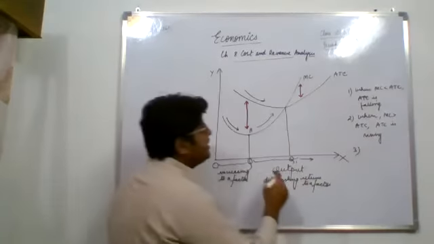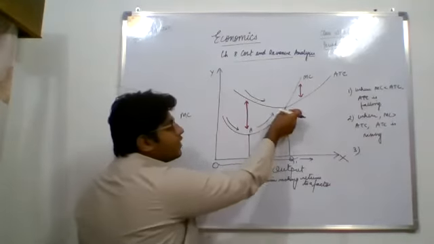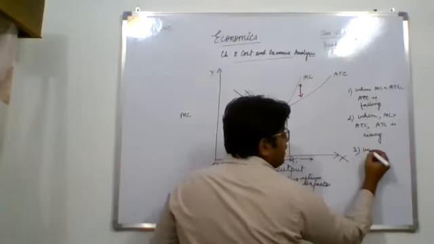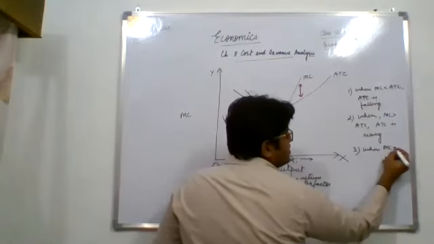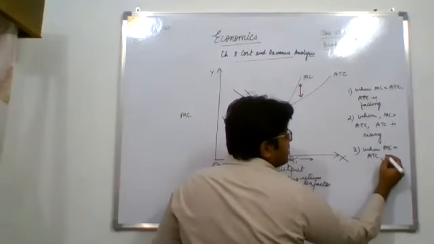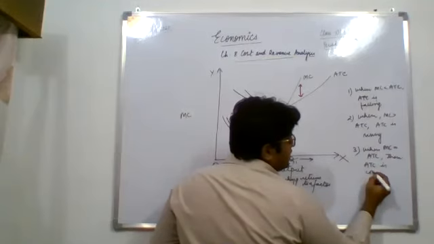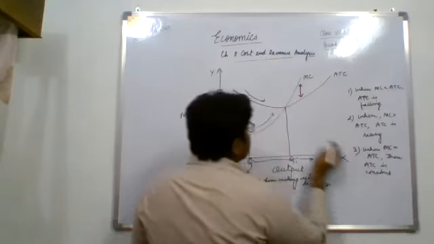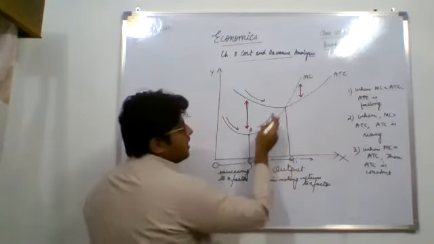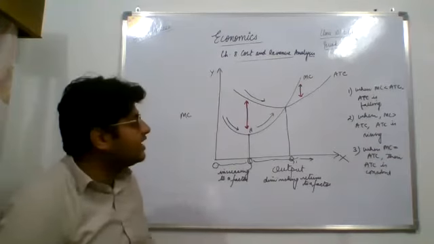And then the third point: when marginal cost is equal to average total cost, then my average total cost is constant. You can see that average total cost is constant over here when the marginal cost is cutting it.